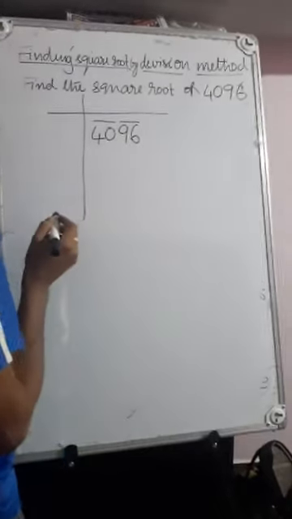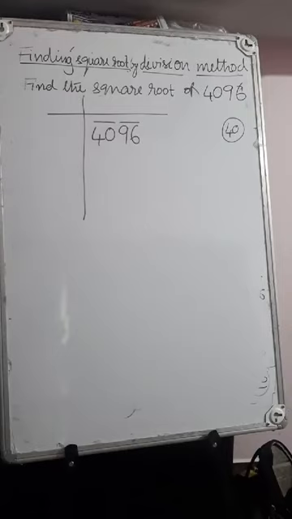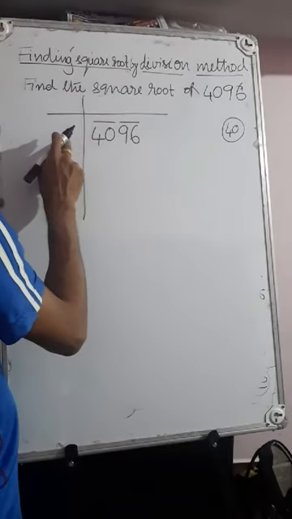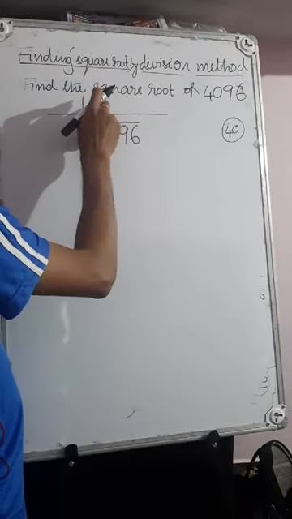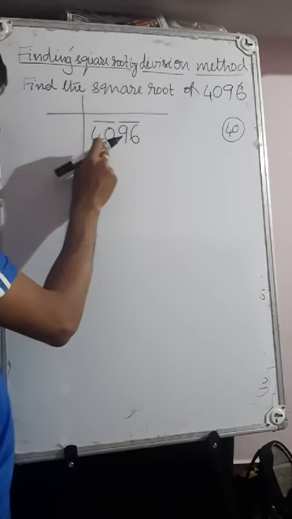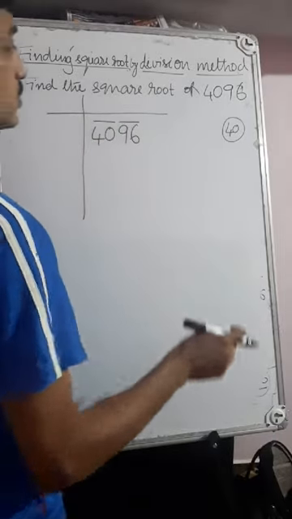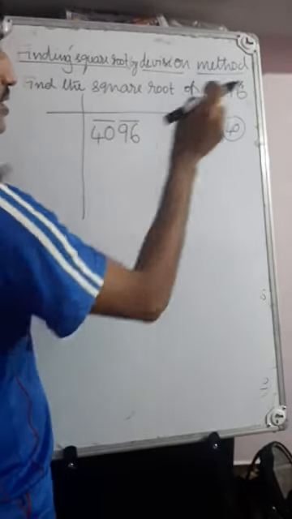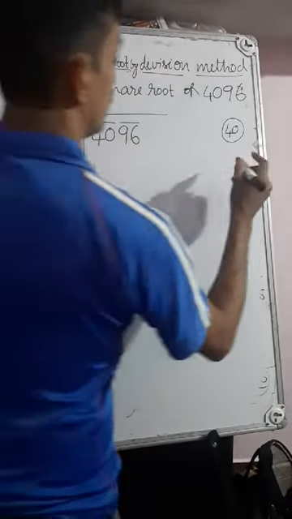Now, take the group present in the leftmost, 40. Now you have to take a number, and consider it as a divisor. The same number you are going to write in the quotient also. How to select that number: its square should be less than or equal to the group present in the leftmost, that is, less than or equal to 40.